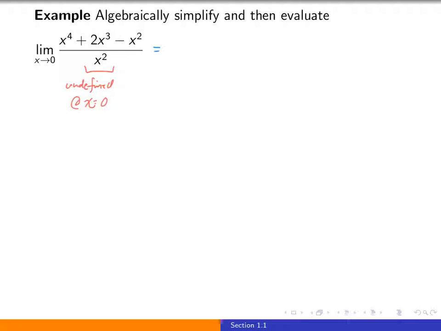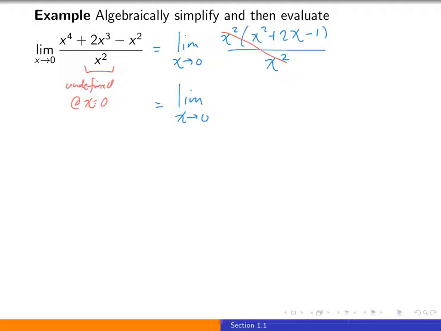So let's go ahead and factor that x squared out. So the limit as x approaches 0 of x squared over x squared plus 2x minus 1 all over x squared. The x squared term in the top and the bottom cancel. And we are left with the limit as x approaches 0 of x squared plus 2x minus 1.